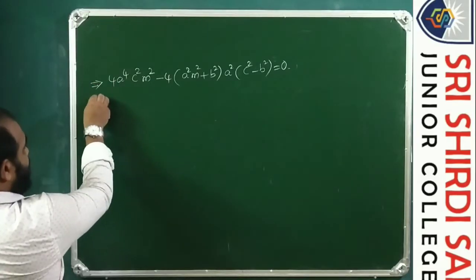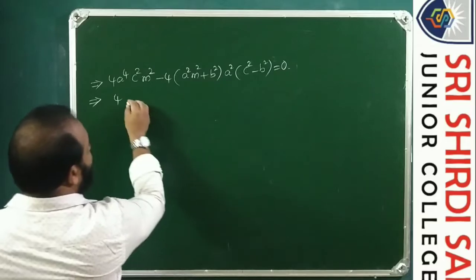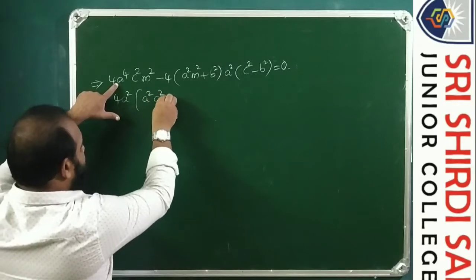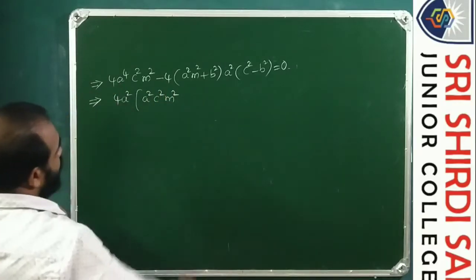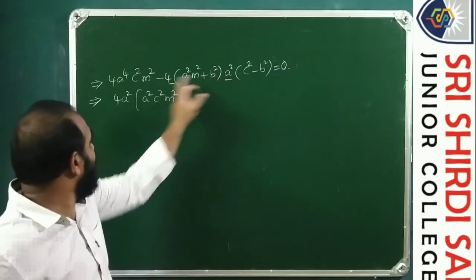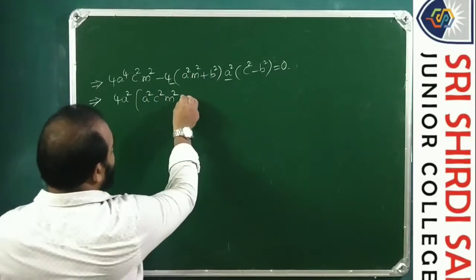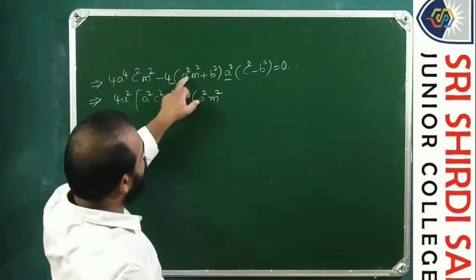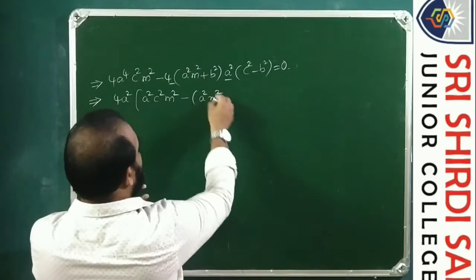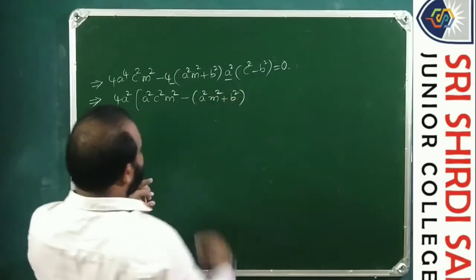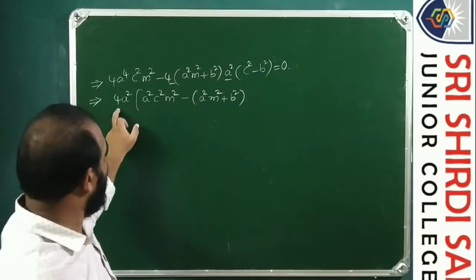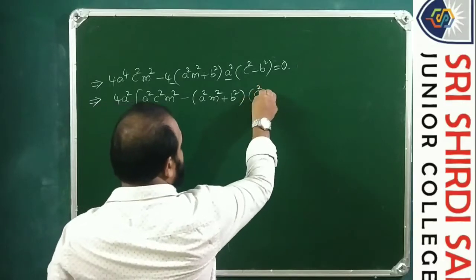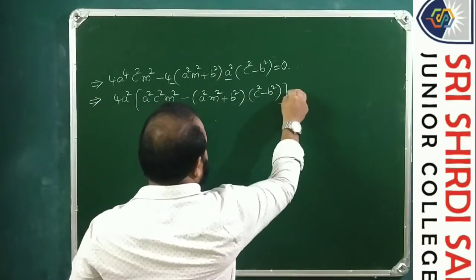Taking 4a square common, we get a square c square m square minus a square m square into a square m square plus b square into c square minus b square equals to 0.